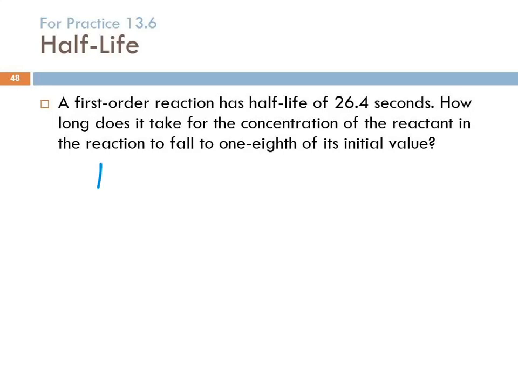Well, you start with 1, the whole, right? And after 1 half-life, you have half, and after a second half-life, you have a fourth, and after a third half-life, you have 1/8. How many half-lives? 3.